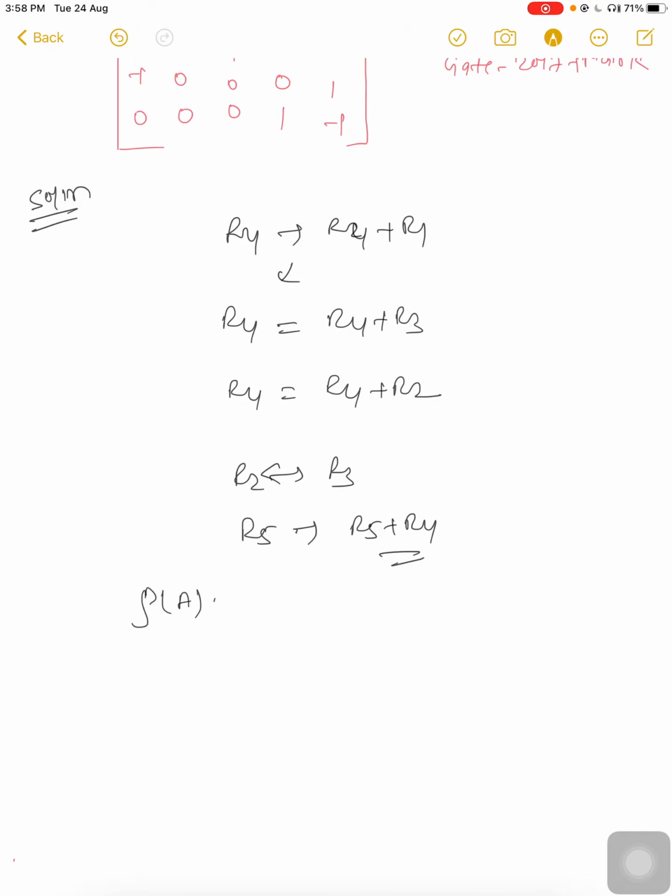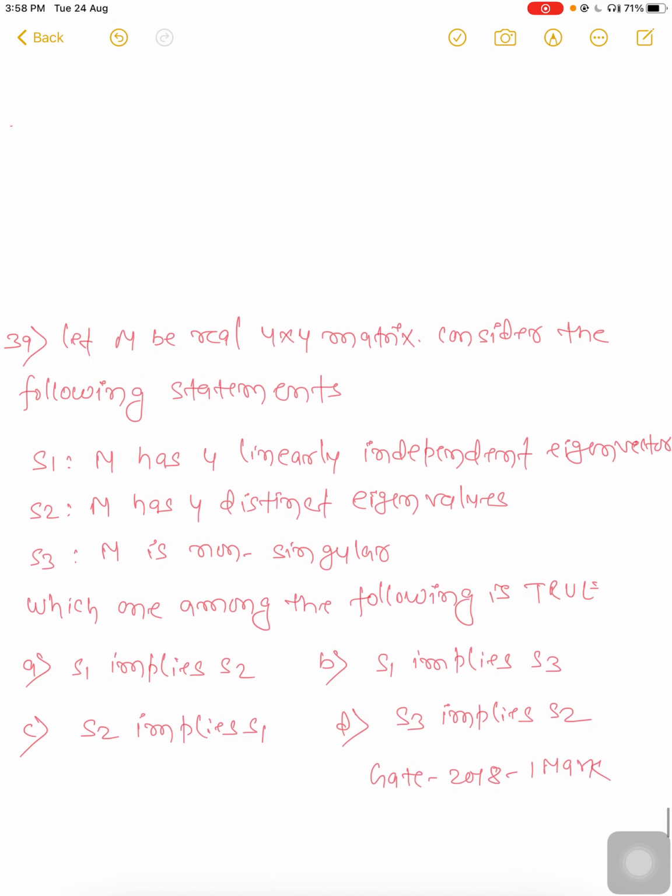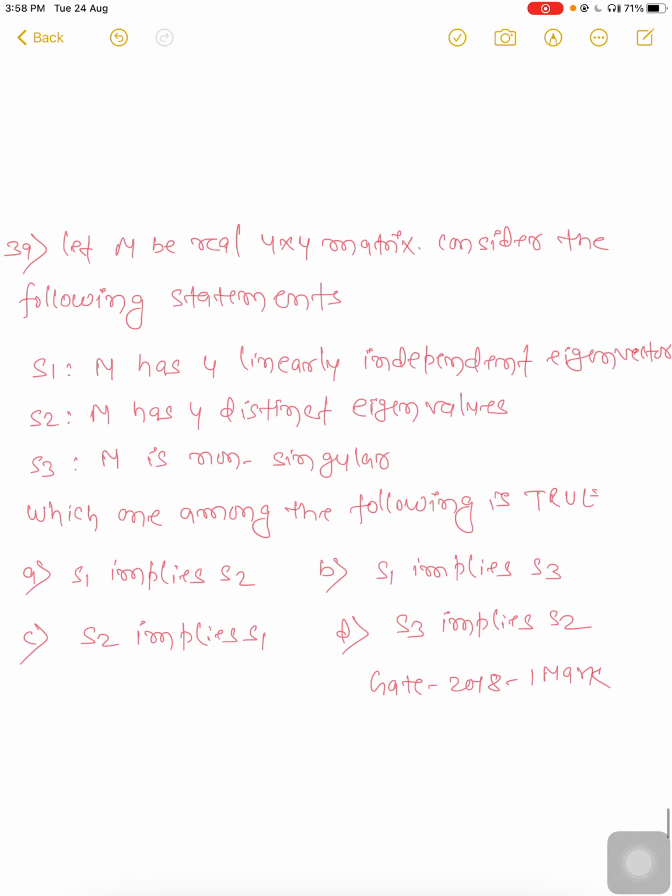We will get a 5 by 5 matrix row as 0, and the rank of A will be 4. Try it. If you are having difficulty, then comment in the comment box. I will reply to you.